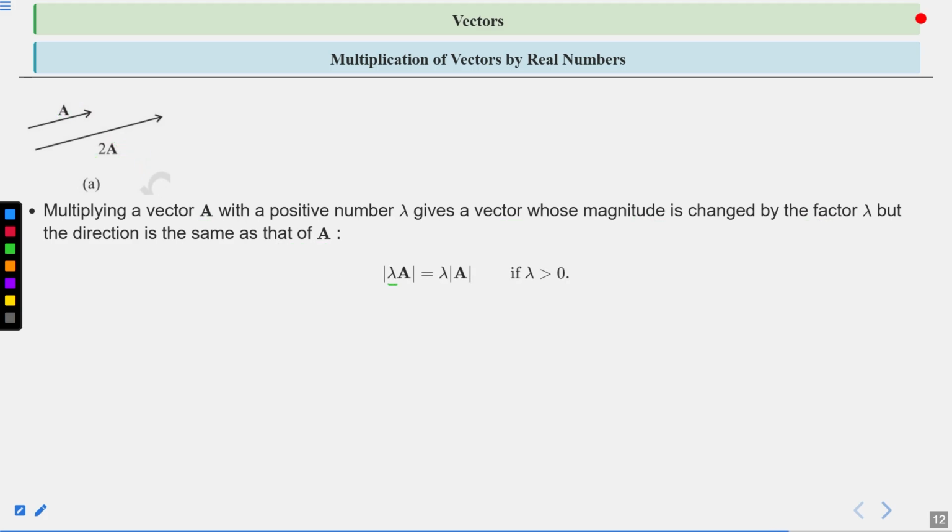So mode of lambda A is equal to lambda comes outside, so it will be equal to lambda mode of A, but the condition is what? Lambda should be greater than 0.